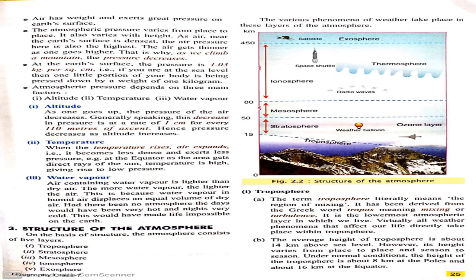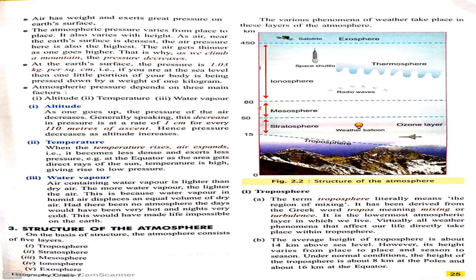Generally, the lower part of the Earth, that is close to the Earth's surface, is much denser than the upper part. Okay, but when the temperature rises, then the air automatically expands and it becomes less dense and exerts less pressure.